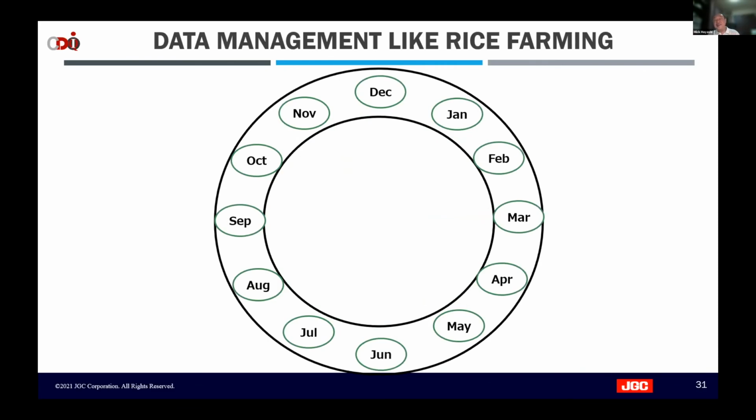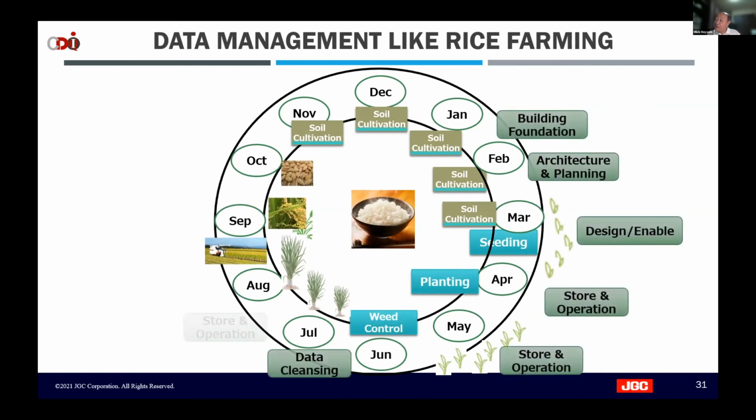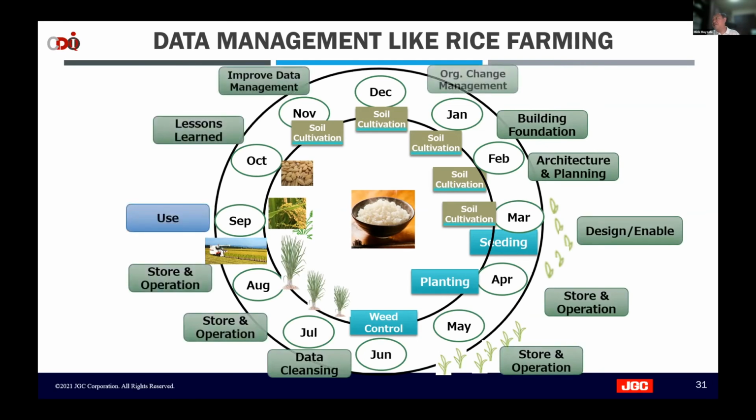So I compare this to rice farming, maybe not in the States, but in Japan we have a lot of rice farming. Through the year, we have soil cultivation, preparation, seeding, planting, weed control, until we really have rice. I compare this to data management: building foundations, architecture planning, design, enabling, storage and operations, data cleansing, storage and operation through the summertime, and use here in autumn, so that we can have very nice tasting rice.